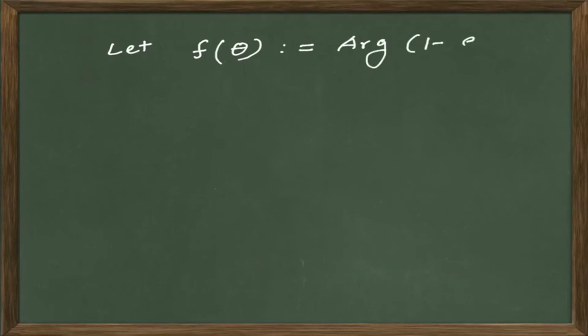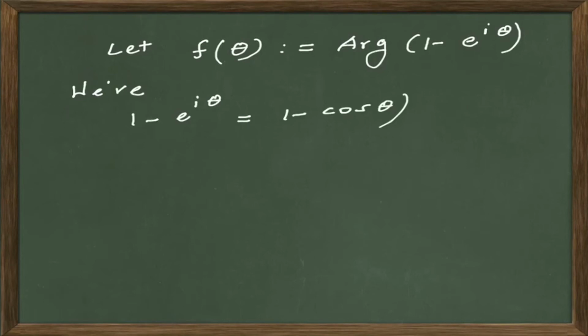Let us denote by f of theta the function, the principal argument of 1 minus e to the i theta. We have 1 minus e to the i theta is equal to 1 minus cos theta minus i sin theta.